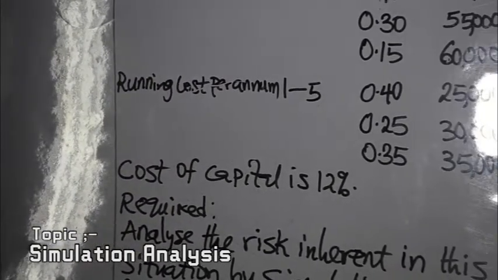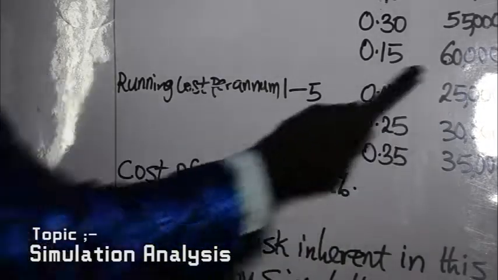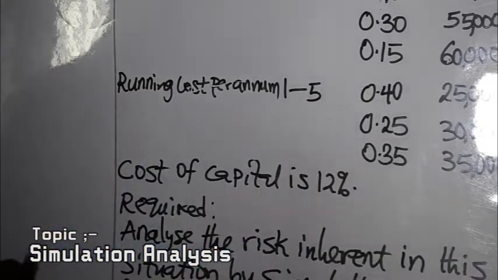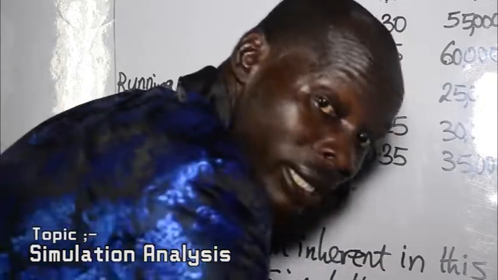At the running cost of 25,000, the probability is 0.40.